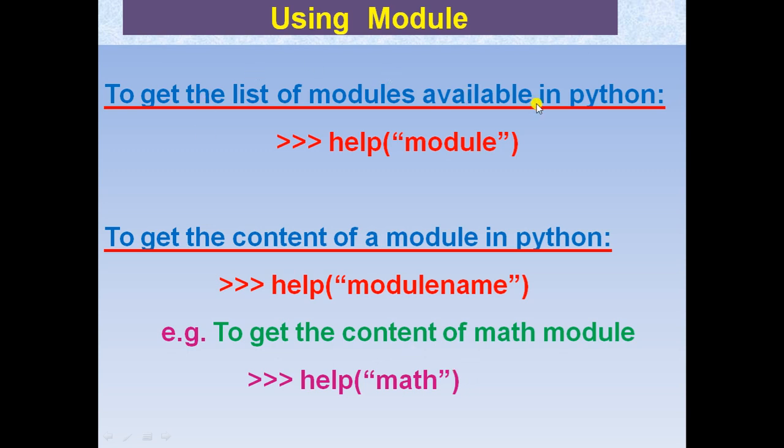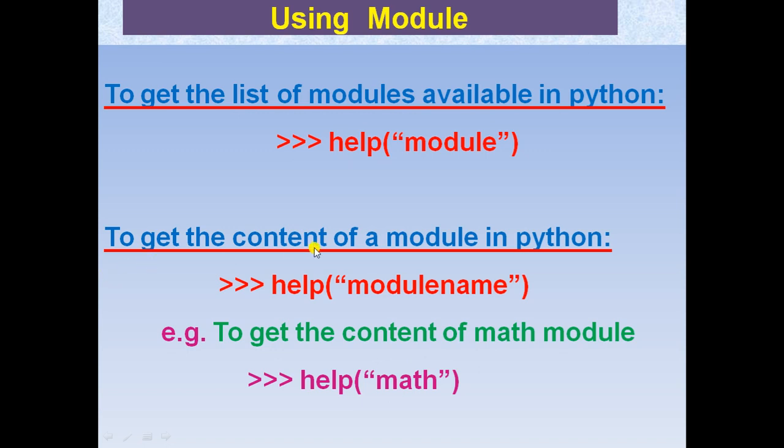Now, to get more information about different modules available in our Python interpreter, we can use this command. To get the list of modules available in your Python interpreter, we can type help and simply modules.